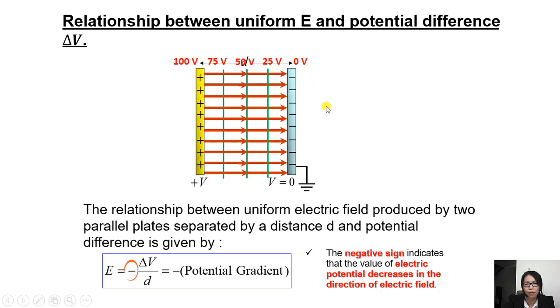So you can see obviously the electric potential decreases in the direction of electric field. That's why we have a negative in the relationship. If we plot the graph of electric potential against distance, we will find that the potential gradient will be negative.